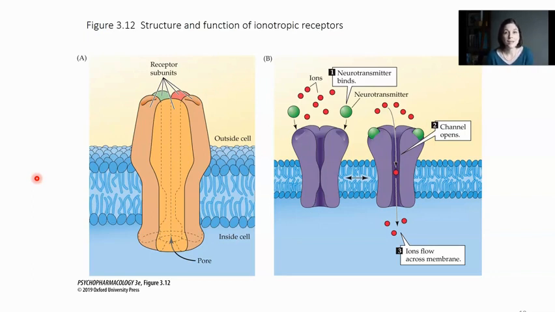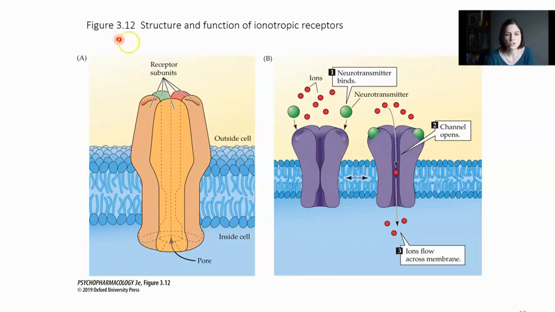When a ligand binds to an ionotropic receptor, it opens the channel rapidly, which allows ions to flow in, and positive or negative ions, depending on what's flowing through that particular receptor, will cause changes in the membrane potential. So we get rapid changes in membrane potential, which you might remember are called EPSPs or IPSPs, depending on whether they're excitatory or inhibitory, through the function of ionotropic receptors.